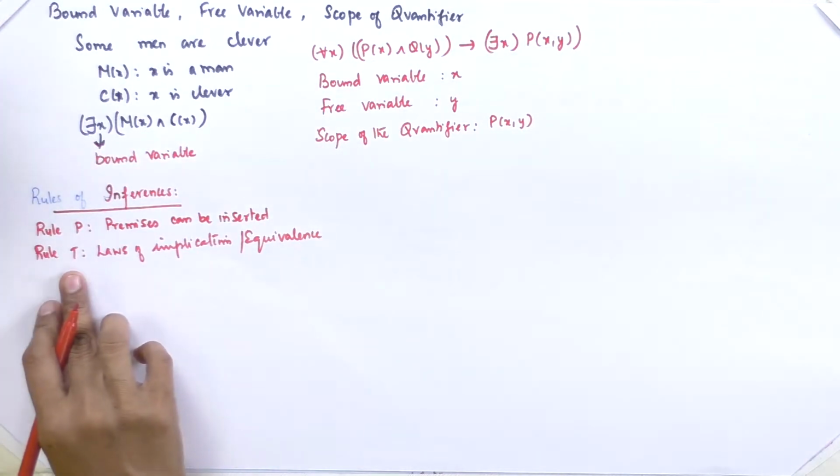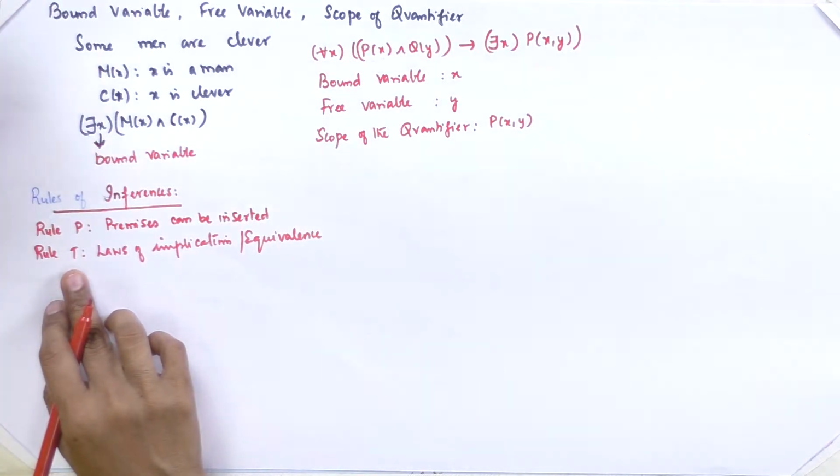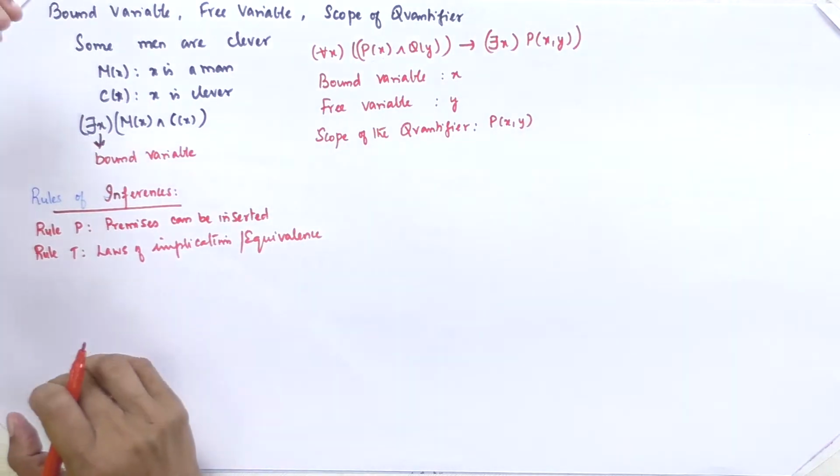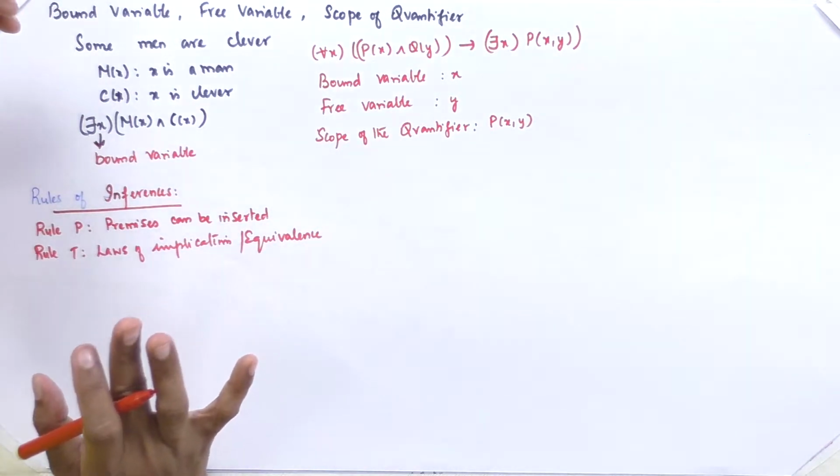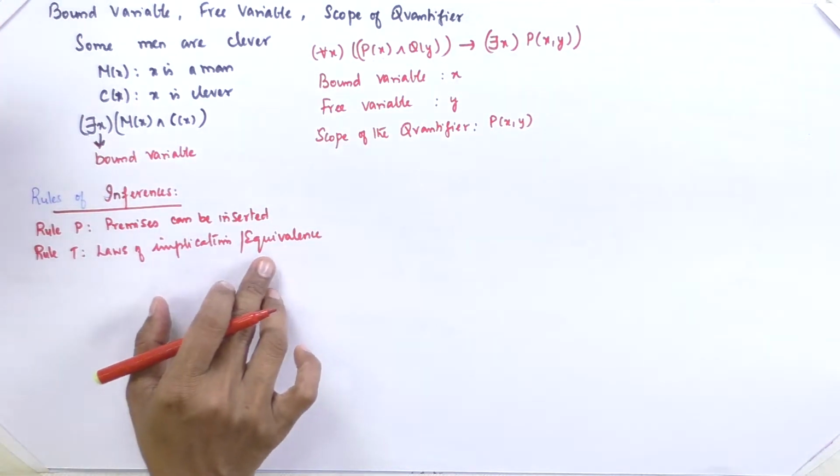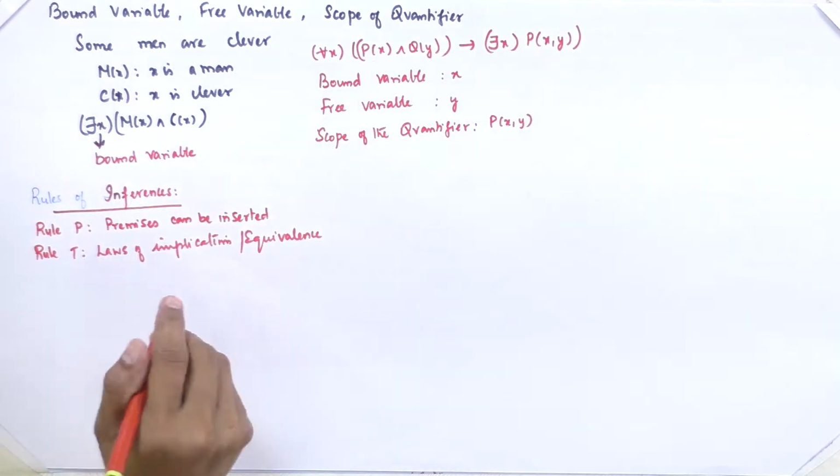That is called rule T. We have already seen the seven basic logical laws of implication and equivalence, so using those one can apply rule T.